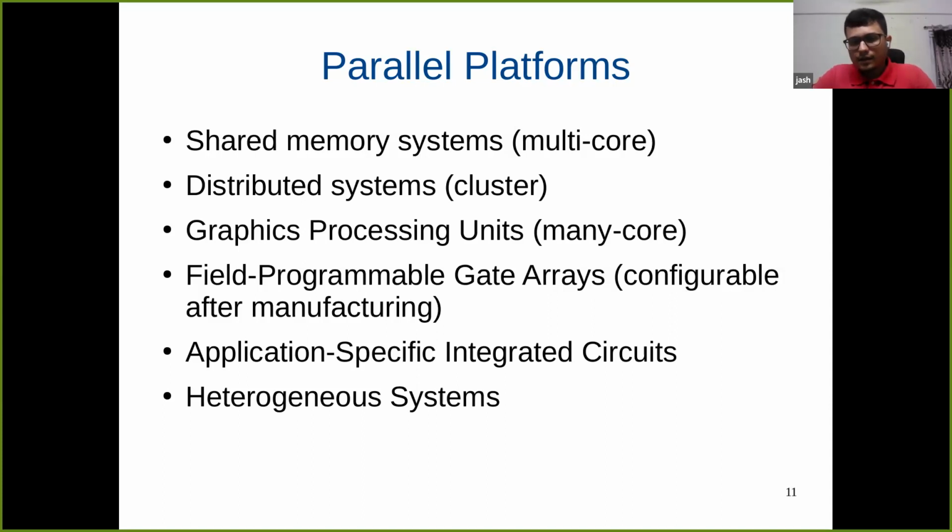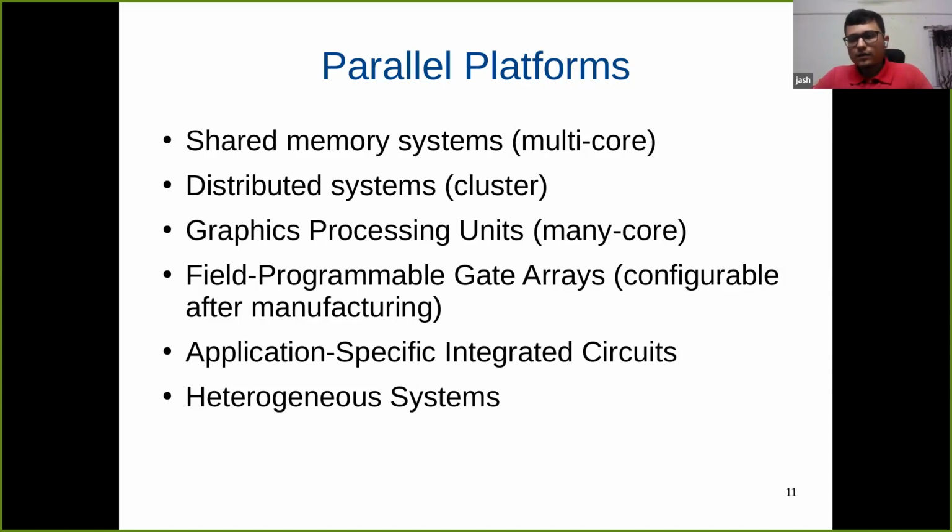But I think I'm lacking the clarity here. If you have any questions, then you can ask me now. Like if the application changes continuously, then we can use FPGAs. Are you saying that? No, I think so. FPGAs are configurable after manufacturing.